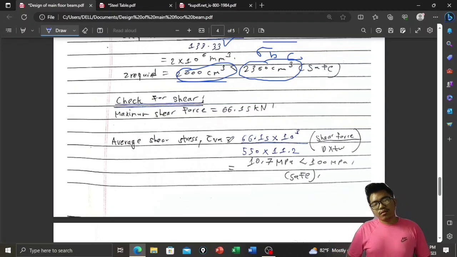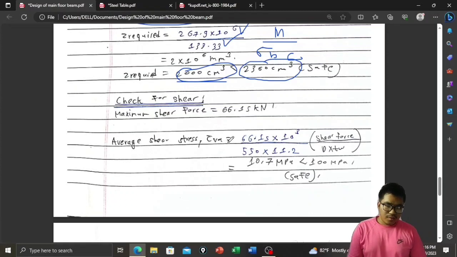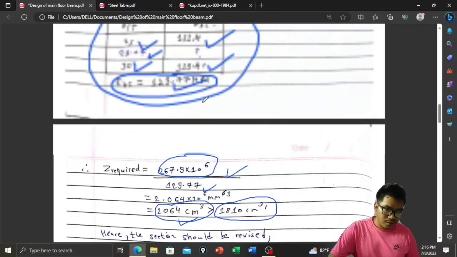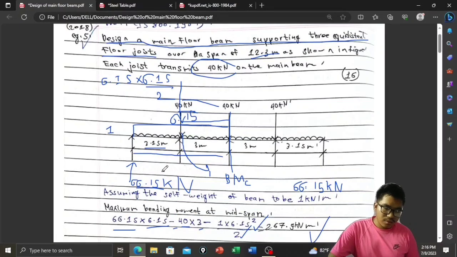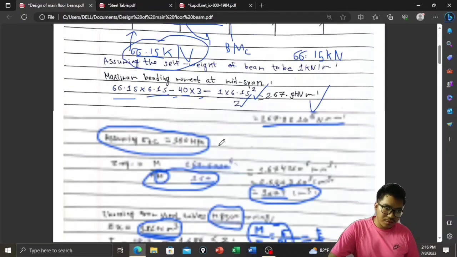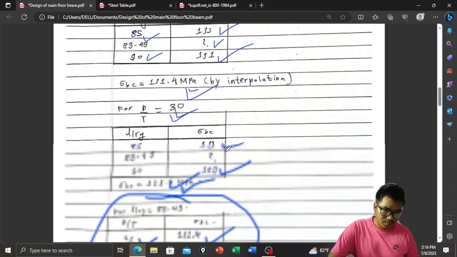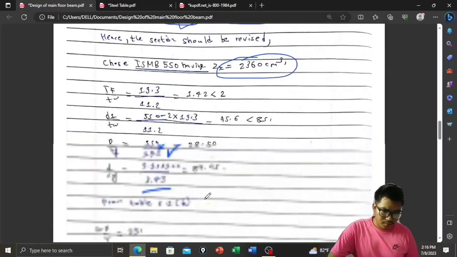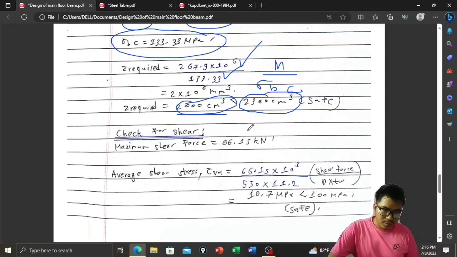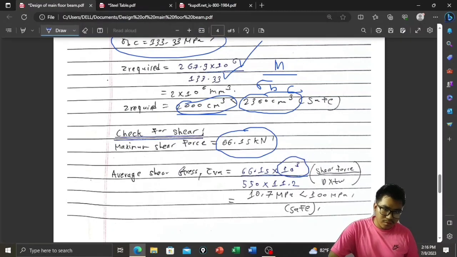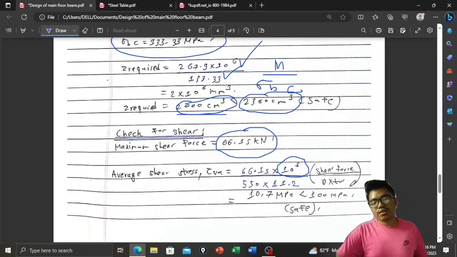So next is check for shear. Maximum shear force we have already calculated from the figure. Maximum shear force is 66.15 kilonewton. To convert kilonewton into newton, we multiply by 1000. The average shear stress formula is shear force divided by area.